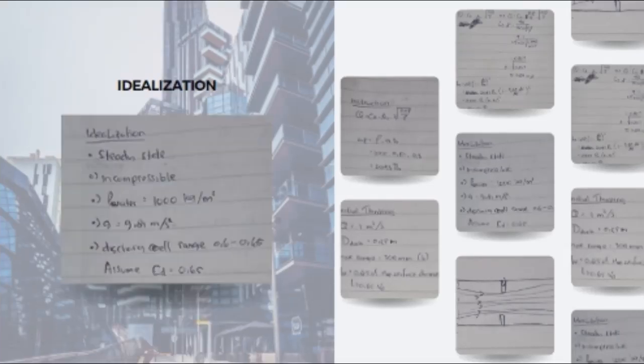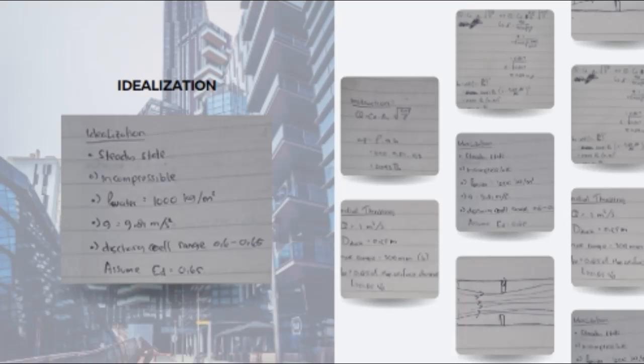Next, the idealization. The idealization of this problem is we assume that this system is steady state and the flow is incompressible. The density of water is 1000 kilograms per meter cubed.